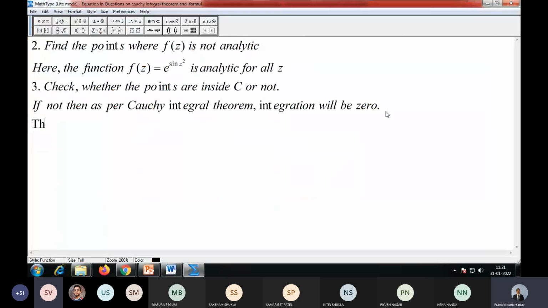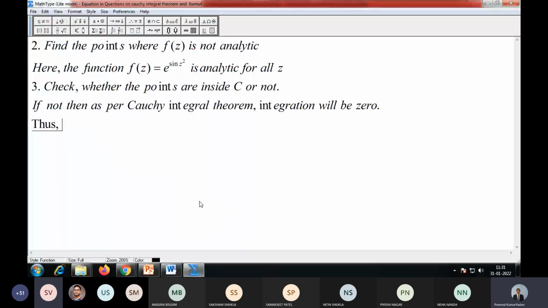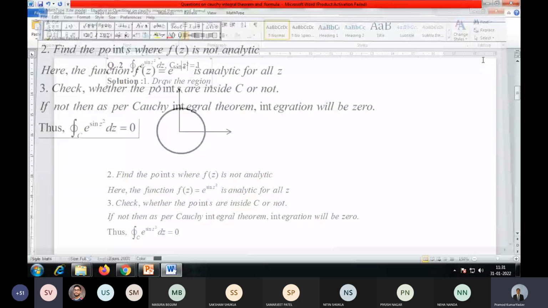Thus you may mention that this integration is equal to 0. We have evaluated the curve. It's okay. Next question.